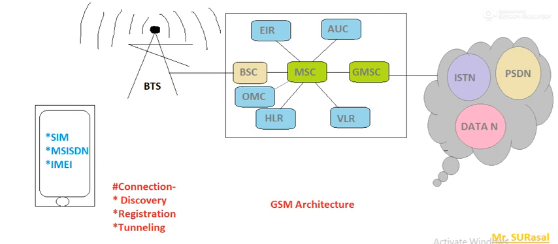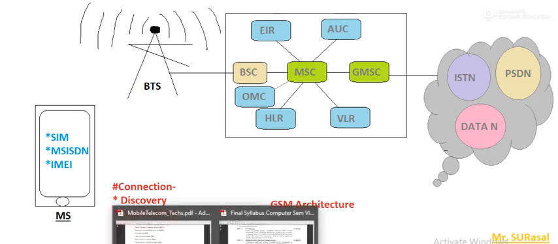In this case we will call this device a mobile station. The next one, the actual wireless station, is nothing but the base transceiver system, which is further connected to the GSM architecture through the BSC, that is the base station controller.